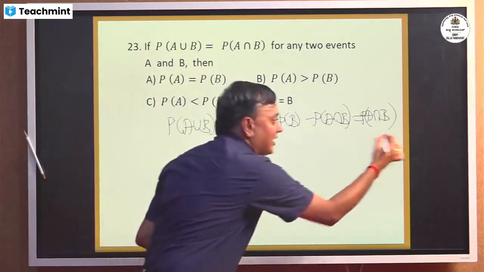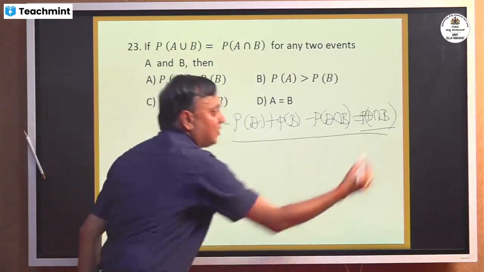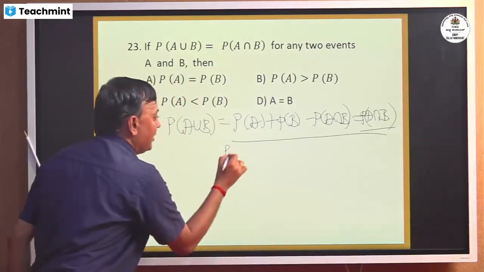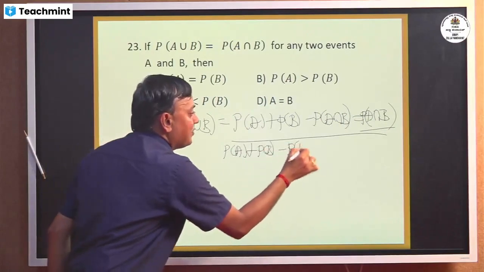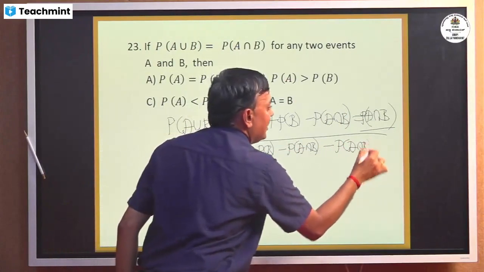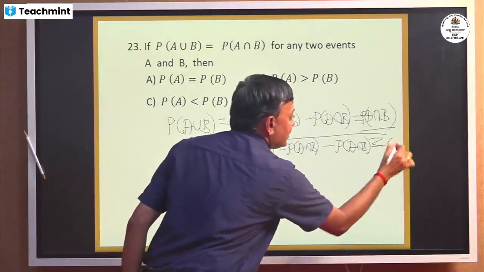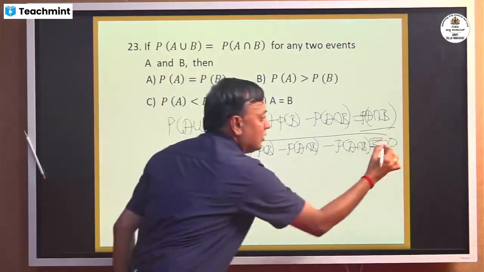So take these two equations. Then probability of A plus probability of B minus probability of A intersection B minus probability of A intersection B is equal to 0.